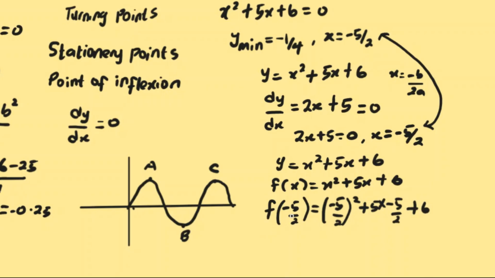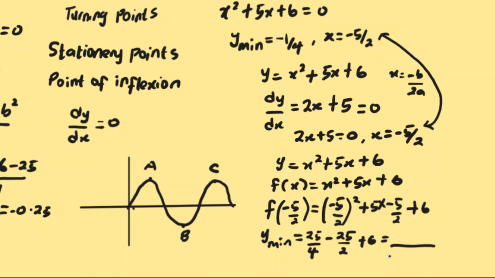So f of minus 5 over 2, our minimum value, is equivalent to 25 over 4 minus 25 over 2 plus 6.